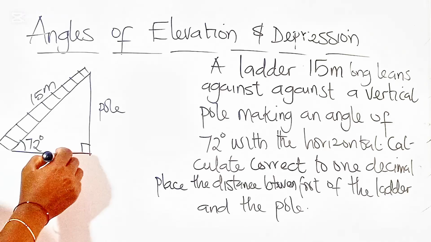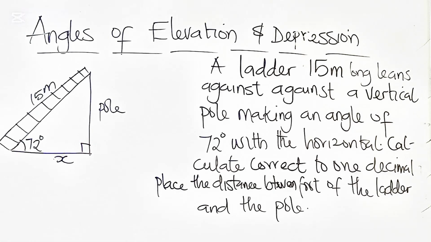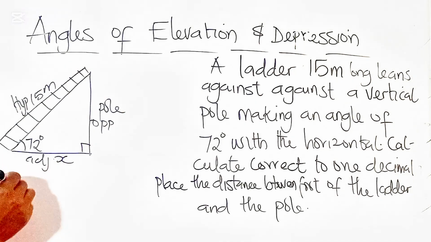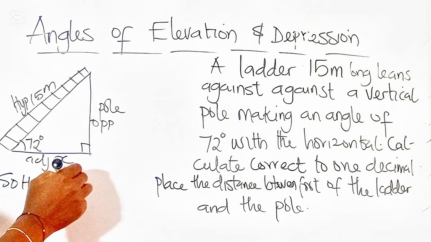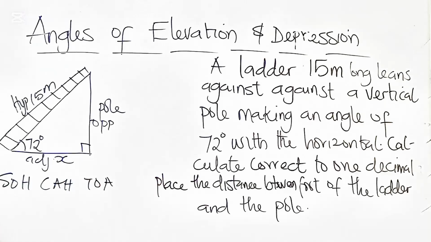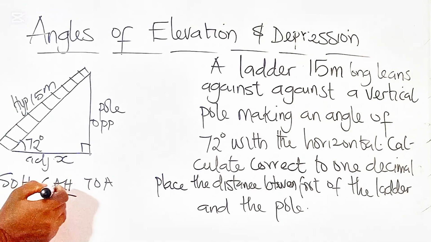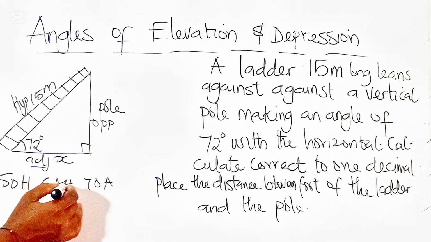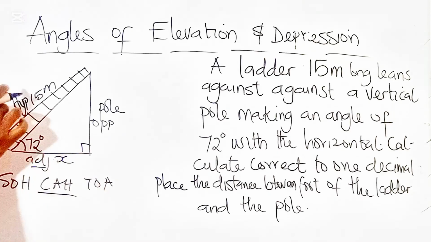Let's call it x. We are still going to use our basic trigonometric ratios. The appropriate ratio to use here is the cosine ratio because it involves the adjacent, that's the unknown side, and the hypotenuse, which we are given.